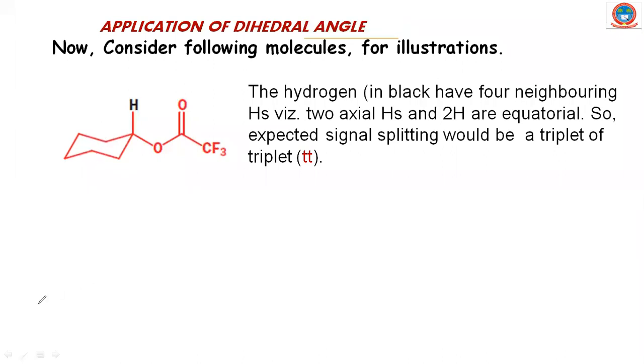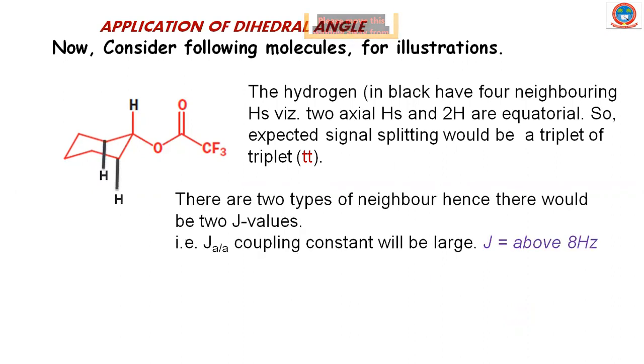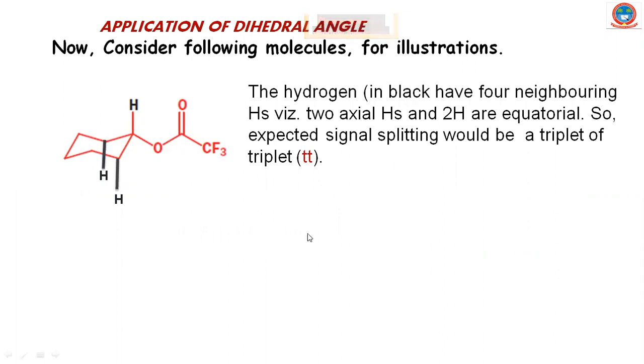Axial, axial, and hydrogens, right? Now first let us see this. How is it split? Always remember, we are studying this molecule at low temperature, not zero, because this group will lock the molecule. It will lock the cyclohexane in this part.